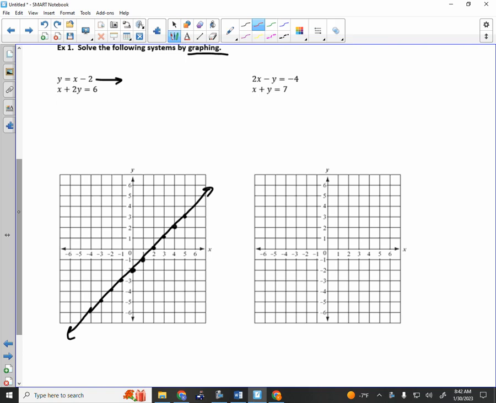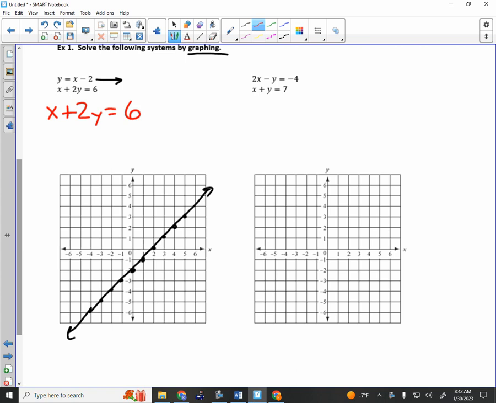Now you have 2 options for the next one, and I would like some feedback from you so I know how your brain's working. If I have x plus 2y is equal to 6, the way that I like to solve for this is instead of putting it in slope-intercept form, I just like to find the x and y intercepts. If we plug in 0 for y, this goes away, and you end up with x is equal to 6.